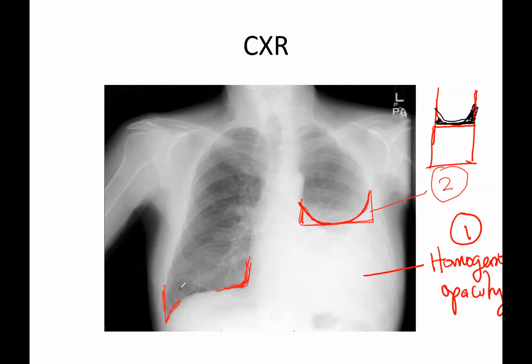That's why you can see the cardiophrenic and the costophrenic angle, because there is no fluid there, no fluid here. But here you can't even see it. It is obliterated. So number three, you can't see cardiophrenic angle, you can't see costophrenic angle. So there's obliteration of cardiophrenic and costophrenic angles.